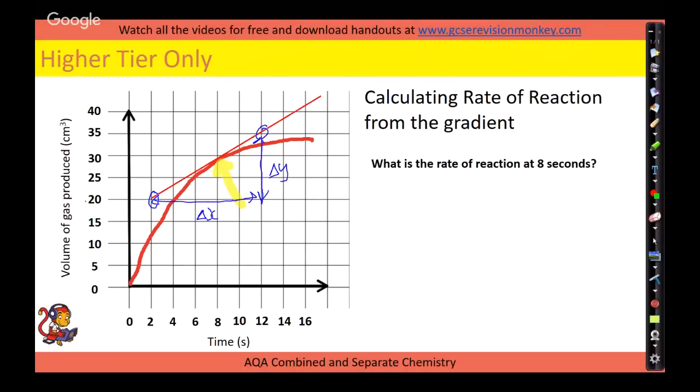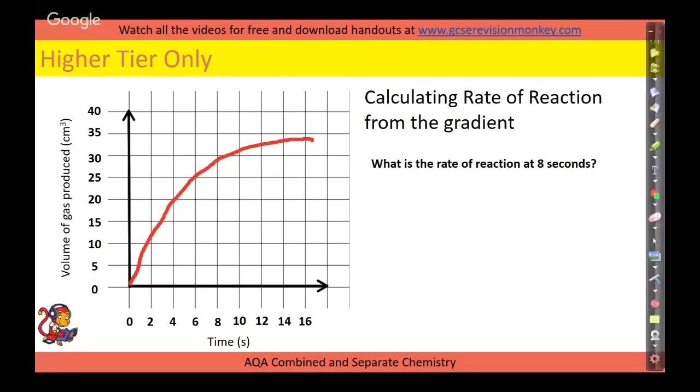In this case, we would be looking at the difference between 35 and 20 for our change in y, so 15, divided by the difference between 2 and 12, which is 10, which makes it nice and easy for me. So 15 divided by 10 would give us an answer of 1.5 centimetres cubed per second. So make sure you can do that if you're doing higher tier.